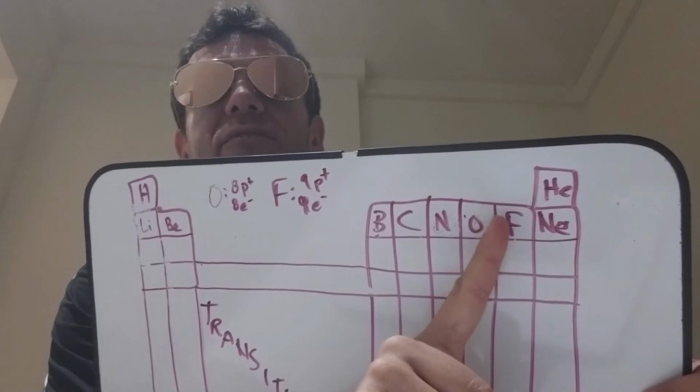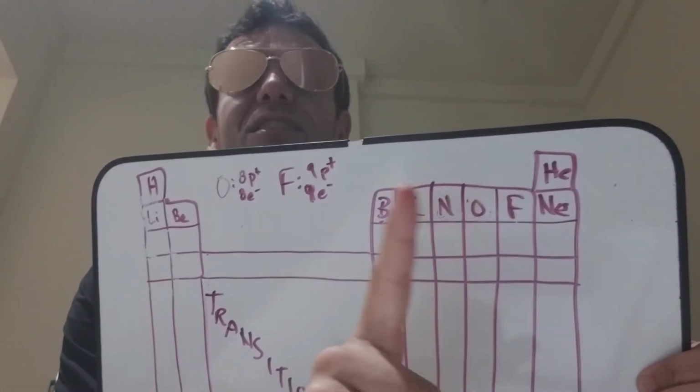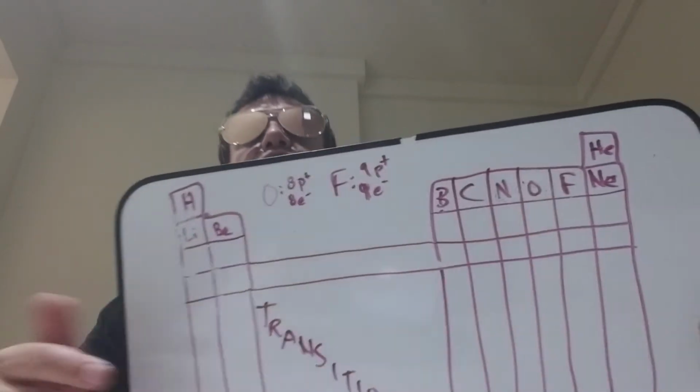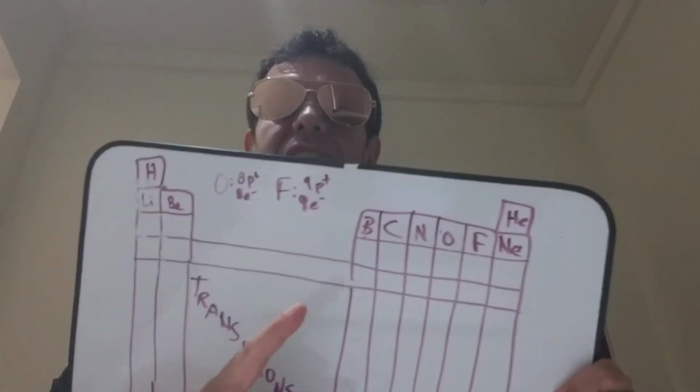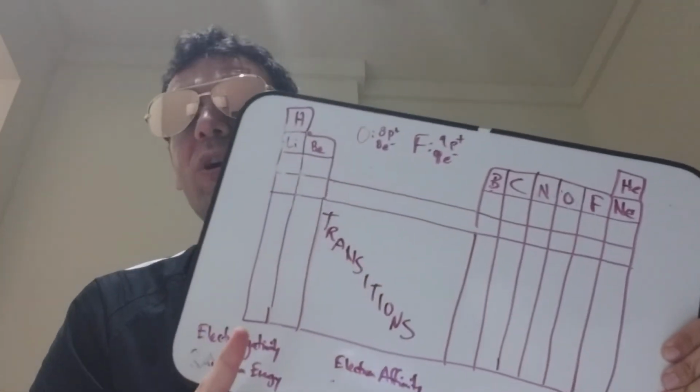Because remember, a nucleus doesn't necessarily just attract its own electrons. It can attract somebody else's electrons if somebody else is close by. So, up here, where there is more attractive force to its own electrons, there will be more attractive force to other electrons as well. Therefore, electronegativity is very high here and very low here.